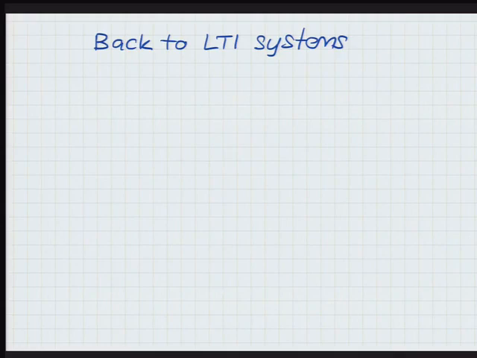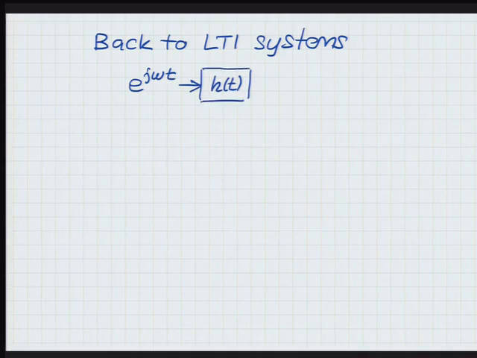In lecture 3, we saw that if we apply a sinusoid e to the j omega t to an LTI system whose impulse response is h of t, what comes out is another e to the j omega t scaled by a number. And that number depends on what omega is. So we called it h of j omega and named it the frequency response.